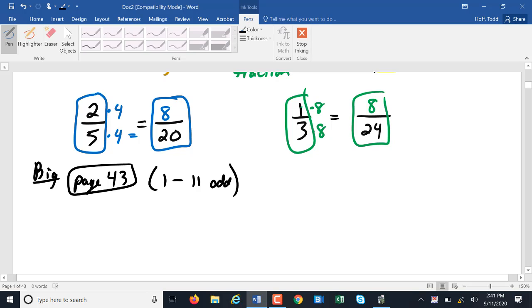So you're page 43, 1 through 11, the odds. For each of those, I want you to rename them to the given name that they have for you.